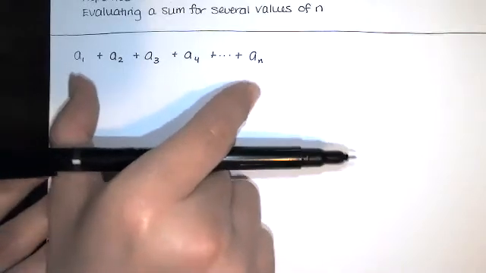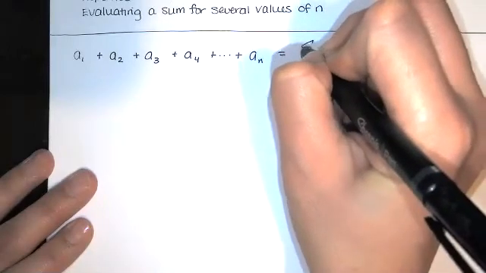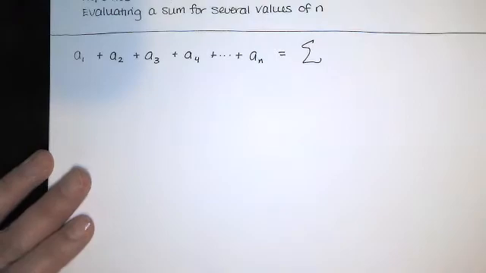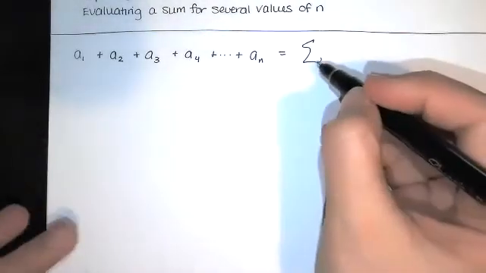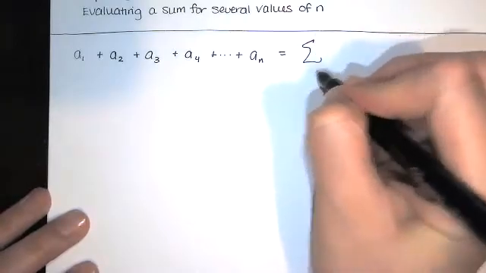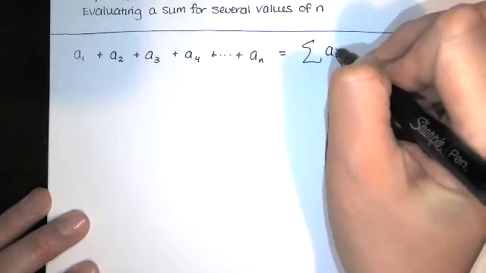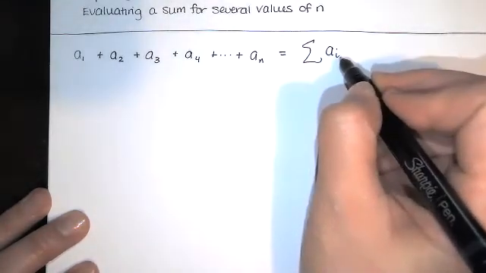One compact notation that we have for this is called sigma notation. If it sounds like Greek, that's because it is. This is a Greek letter sigma. It just means to add. This expression in front of the sigma is a sub i.